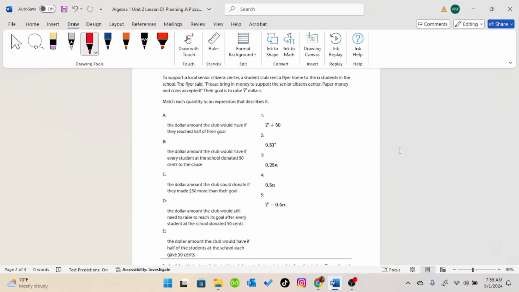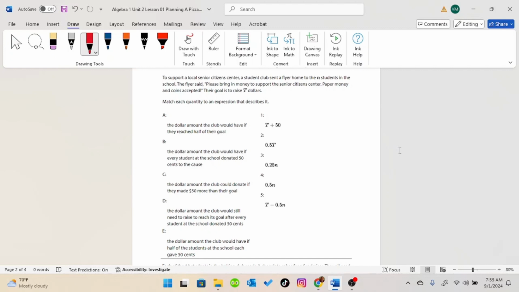So they've given us descriptions A, B, C, D, and E. And then they've given us expressions 1, 2, 3, 4, 5. We're going to match one description with one expression. So A says the dollar amount the club would have if they reached half their goal.